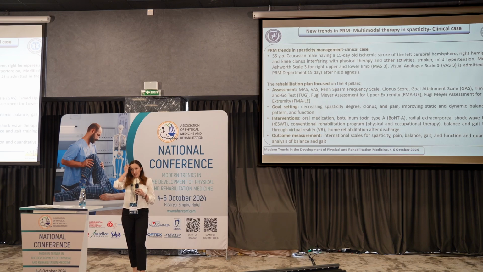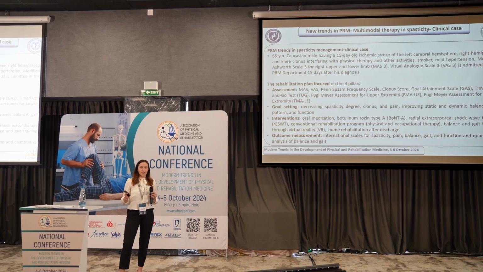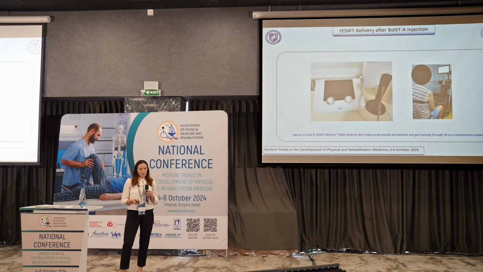So the rehabilitation plan included the 4 pillars: the assessment, the goal setting, interventions, of course, and the outcome measurement. So it was important for the goal setting to take into consideration decreasing the spasticity degree, but also clonus and pain, and also to improve balance and gait for this patient.